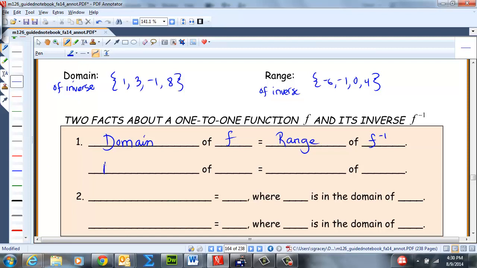The range of f is the domain of f inverse. So it switches.